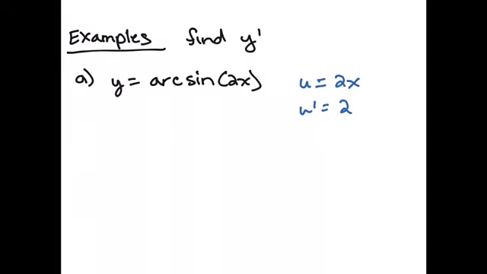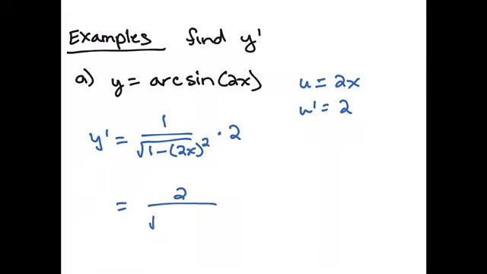So when I plug into the formula for the derivative of arc sine, I get 1 over the square root of 1 minus u squared, but u is 2x, times u prime. If I clean this up, I'll have 2 over the square root of 1 minus 4x squared, because when I square 2x, I square both the 2 and the x and get 4x squared.